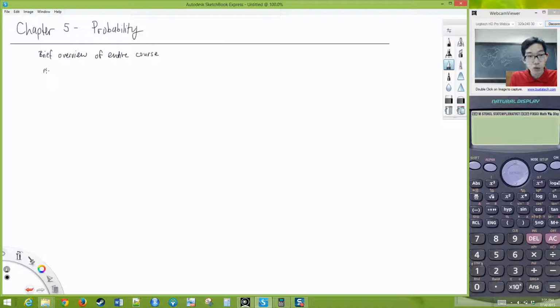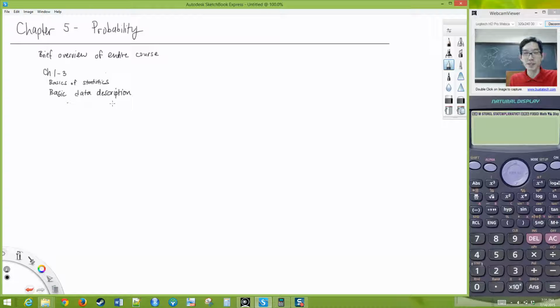in chapters 1 and 2, or actually 1 through 3, it was all about the basics of statistics, basic data description, okay? So we learned basic data description. Okay, and so how do we describe our data?